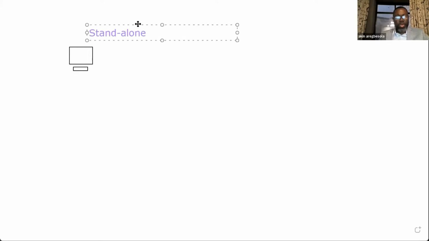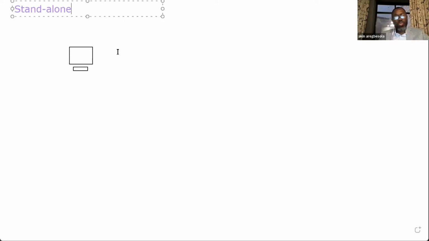All right. So this is a standalone computer. I'm assuming that you are completely new to IT, so I'm taking my time. This has no use in this model. So for computers to be useful, they will have to be at least on a network. What do we mean by network?